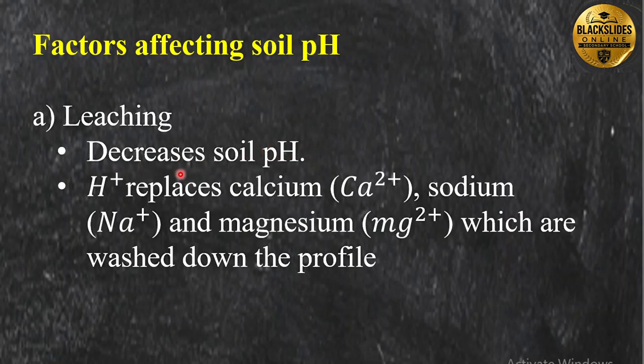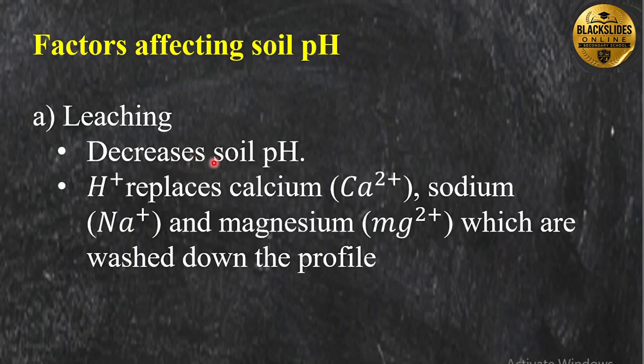This happens when hydrogen ions replace calcium ions, sodium ions, and magnesium ions, and these are washed down the profile, making the soil pH lower. And you know what that means? It means that the soil becomes acidic. So, lower pH values mean high acidity.